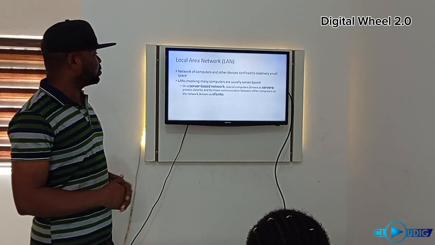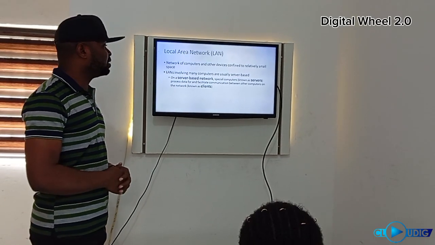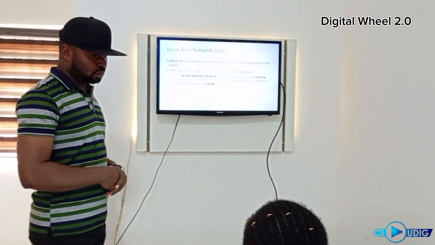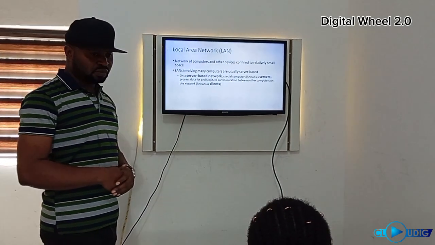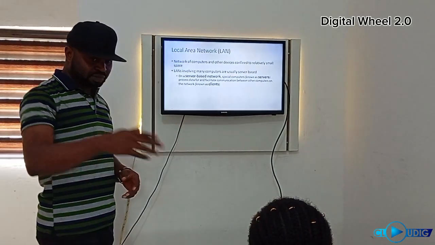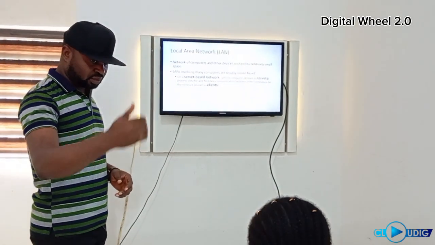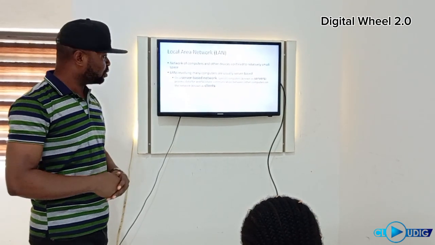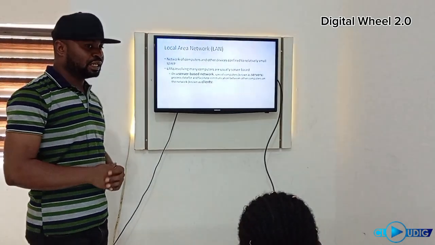Now, local area network means what? A network of computers and other devices confined to a relatively small space. If we have computers confined in a relatively small place, it can be this room, it can be between this office and the next office, and the next office. So those are referred to as local area network.